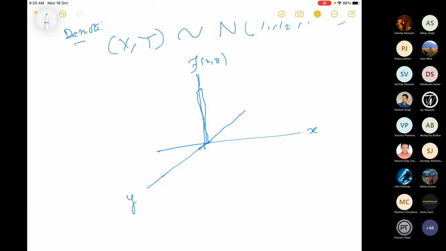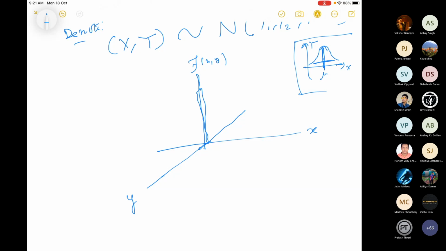Remember, for the single variable normal case, there was some mu, a peak there, symmetric about this axis, and the spread was sigma.